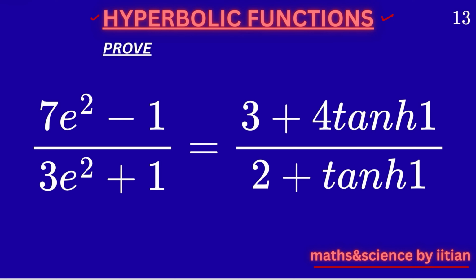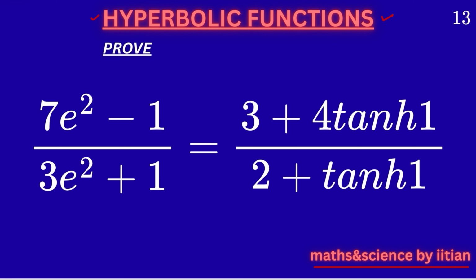Sin hyperbolic x and cos hyperbolic x are the hyperbolic functions. They are for the unit hyperbola, whereas sin x and cos x are for the unit circle, which we have seen in the last few lectures.